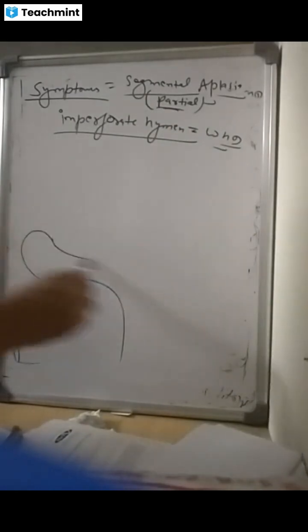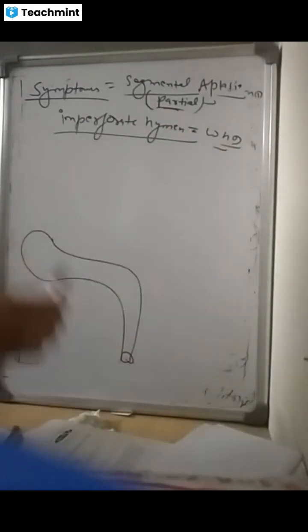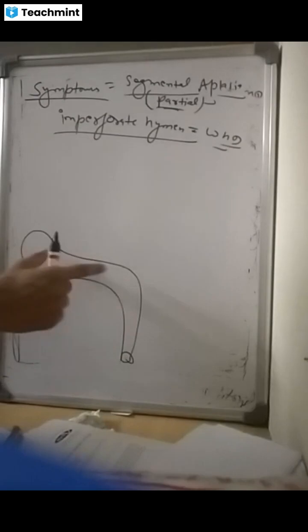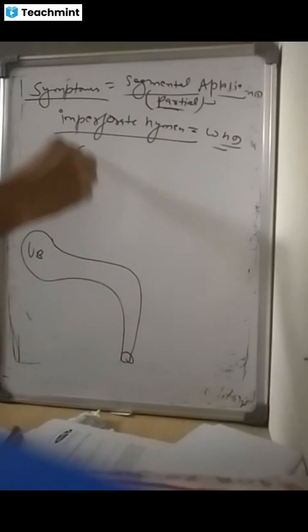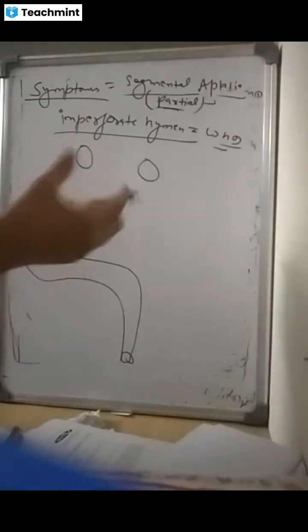There is something called the hymen, imperforate hymen, in white heifer disease. As I explained in the previous lecture, the urogenital sinus forms the urinary bladder and urethra. These are from the genital or gonadal ridge.